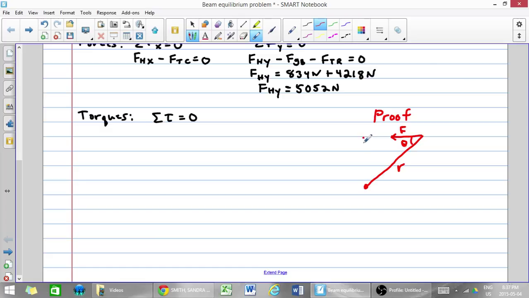Now let's just complete that as a right-angled triangle, and I'm going to call this distance L. So the torque, as we know, is R F sine theta.